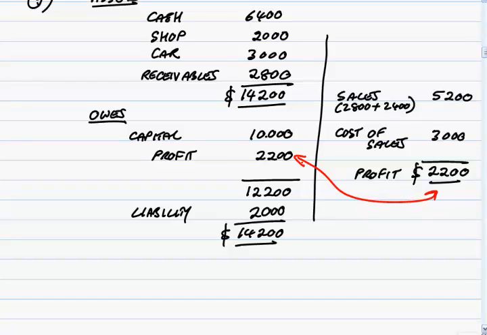And as in the previous one, that profit was the missing figure in our statement of financial position. To make it balanced, the owner must be owed that 2,200. The income statement here both checks that we've got the 2,200 right, and of course it tells us how we actually made that profit.